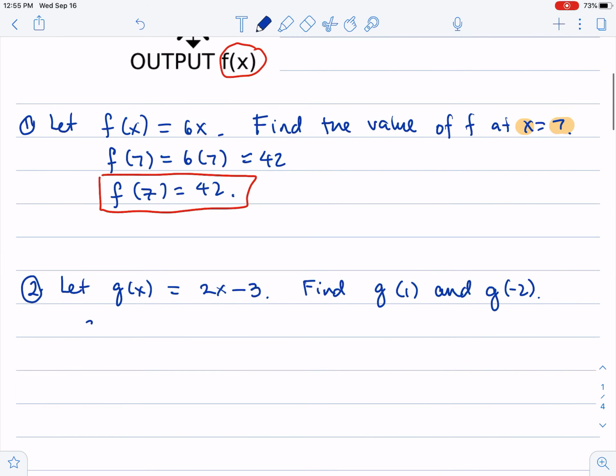So, for g of 1, we have 2 times 1 minus 3, di ba? Substitute natin yung x equals 1 doon sa function, which means 2 times 1 is 2 minus 3 is negative 1. So, g of 1 is equal to negative 1.